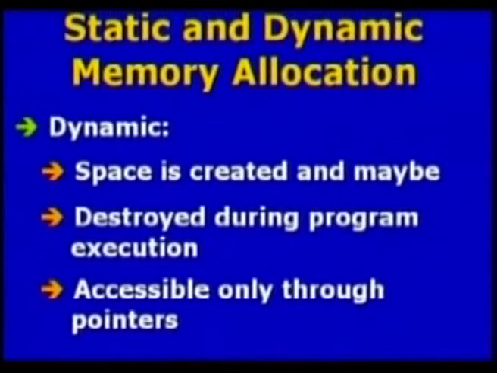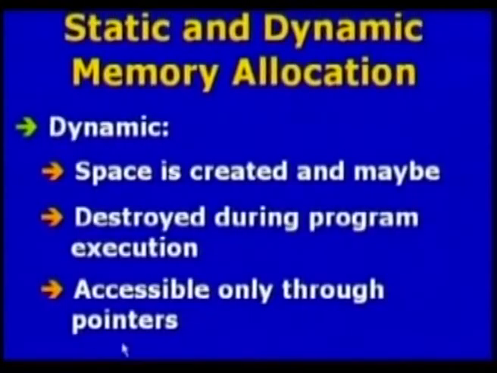I do that myself as a programmer rather than depending on the environment or the operating system. It's accessible only through pointers, and that's a fact in C. If you allocate memory this way, you need to always create a pointer to point to that location.